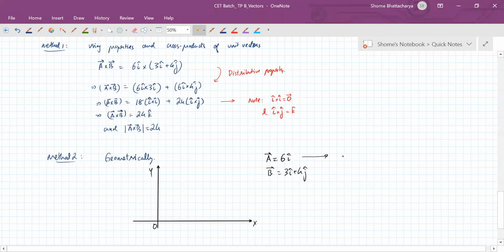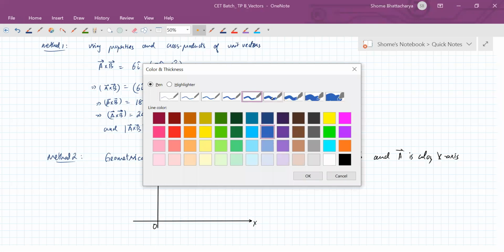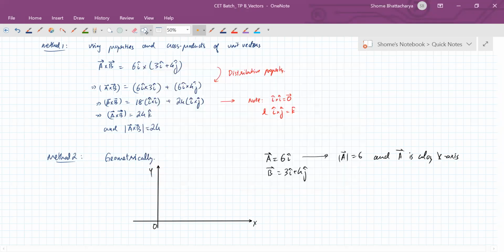You can see that the magnitude of A is 6 and A is along the x axis. So how will the vector A look geometrically? The vector A geometrically will look something like this. Along the x axis, its magnitude is 6 units, like this.